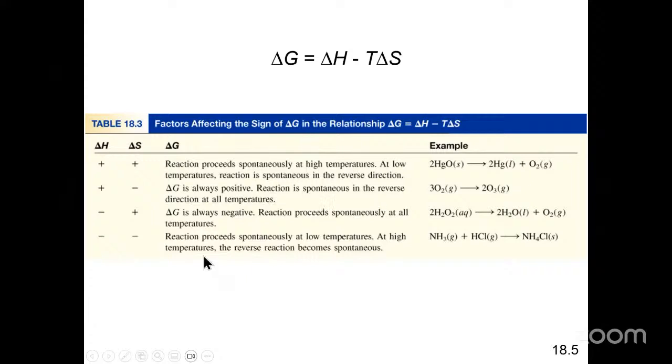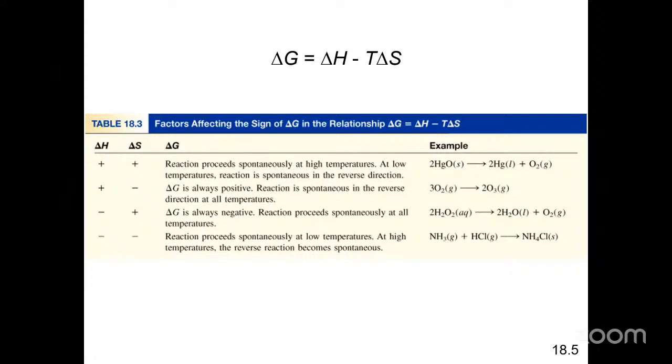And then finally, in this case where delta H is negative and delta S is negative, basically what that means is that if the temperature is low, then this part here, if delta S is negative, would be positive when you multiply by this, and this is negative, and therefore, as a result, at low temperatures, the reaction will proceed spontaneously because delta G, as a result, will be negative.